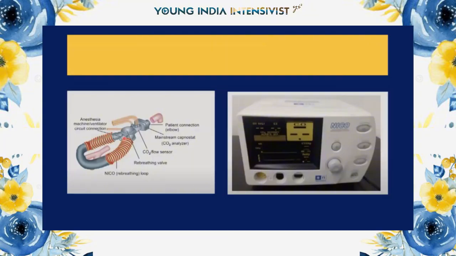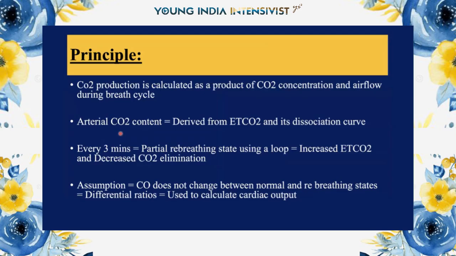Here you have an anesthesia Y-piece circuit with a NICO rebreathing loop. CO2 production is calculated as the product of CO2 concentration and airflow during a breath cycle, and the arterial CO2 content is calculated from your EtCO2 and the CO2 dissociation curve.